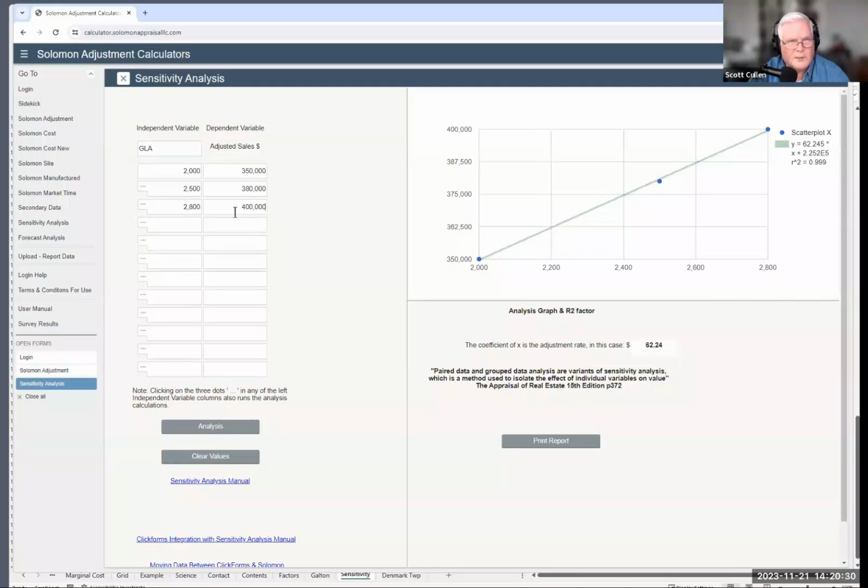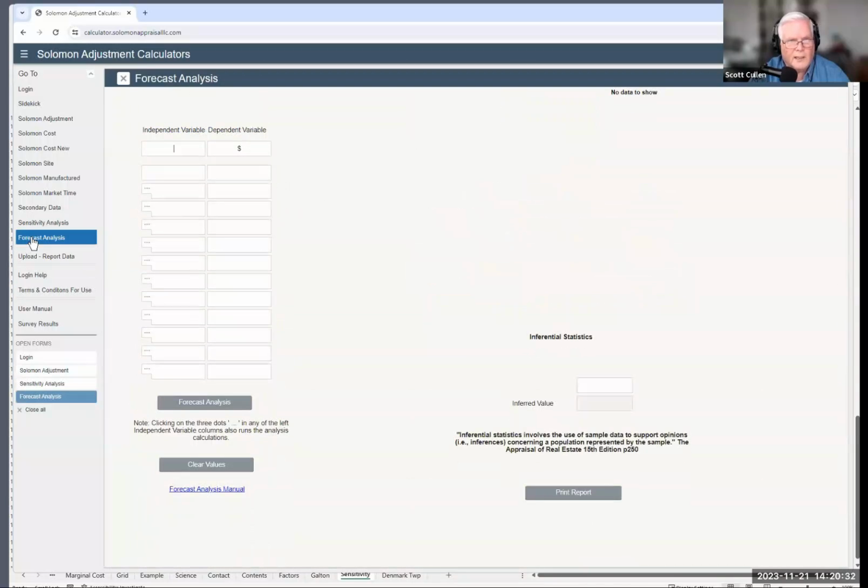Okay. So this tool, forecast, might come in handy because you could say, okay, GLA is the independent variable, and I want to figure out the value of a 2,200 square foot house. So remember, we had a 2,000 foot house and a 2,500 square foot house and a 2,800 square foot house.